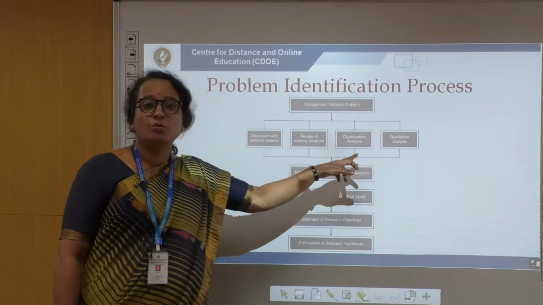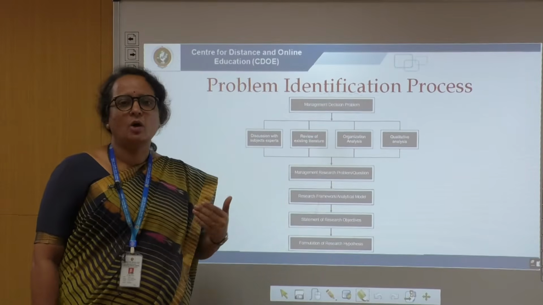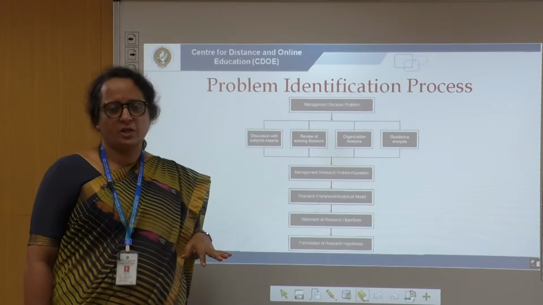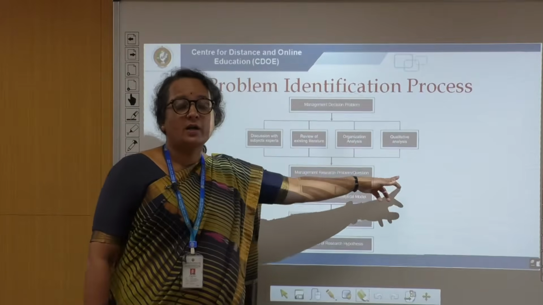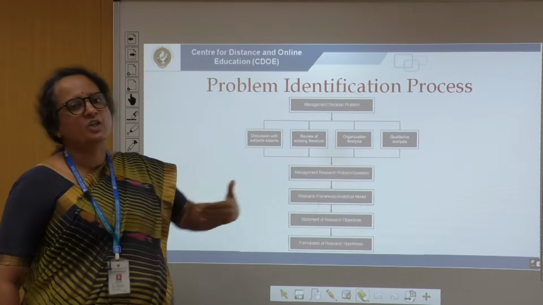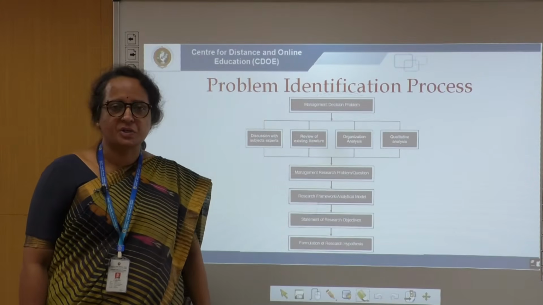They will also do organizational analysis. They try to gather information or data within the organization or from within the industry to thoroughly understand the nature of the problem, and then if required they also go for qualitative analysis. They may gather fresh first-hand information from the marketplace to understand the decision problem.